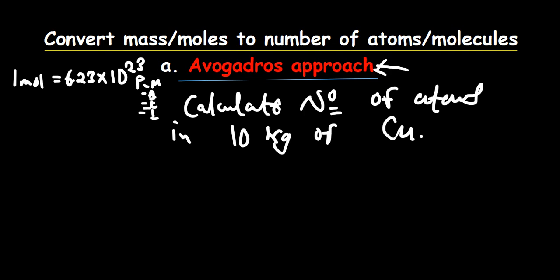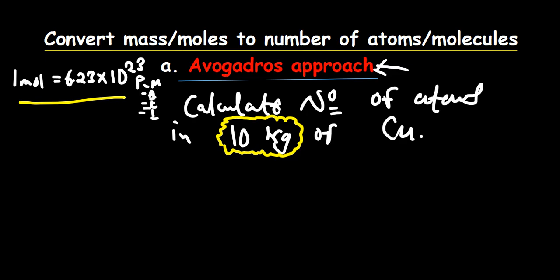How are we going to calculate the number of atoms in that 10 kg of copper? The first thing is we have to convert the given mass to moles. Once we have the moles of this 10 kg, we can use this relationship here. So let's convert this 10 kg of copper to moles.